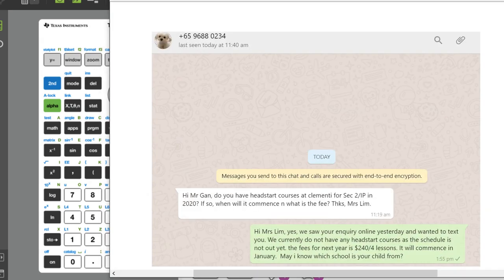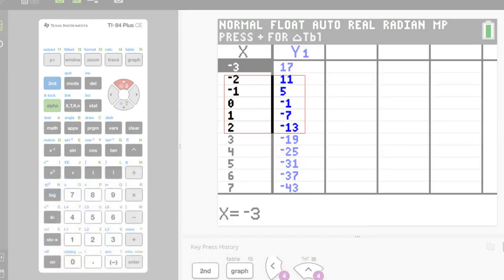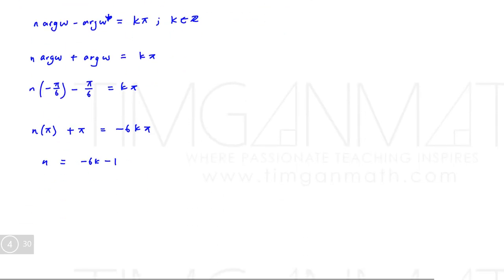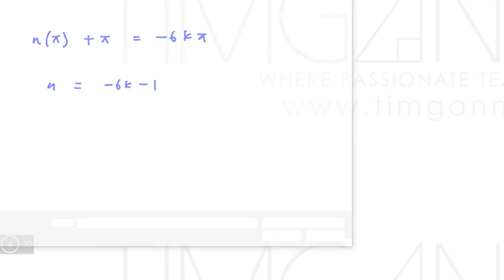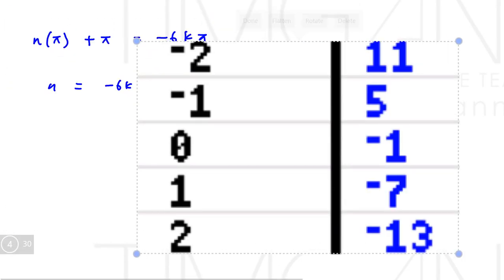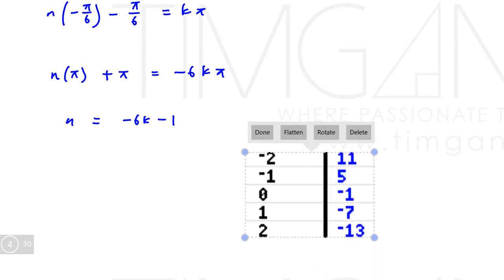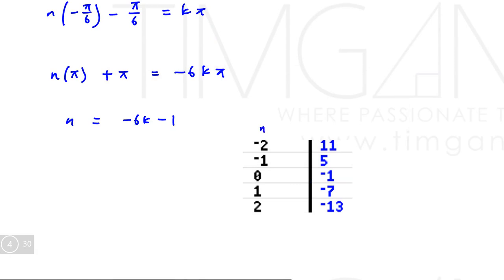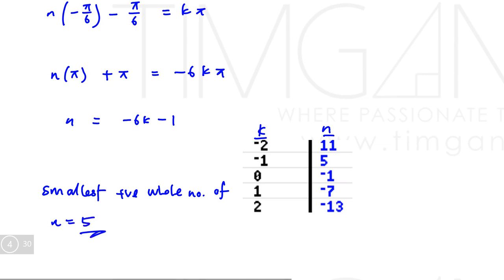The smallest positive integer is 5. This is n, this is k, sorry, there's a k. Smallest n is 5.